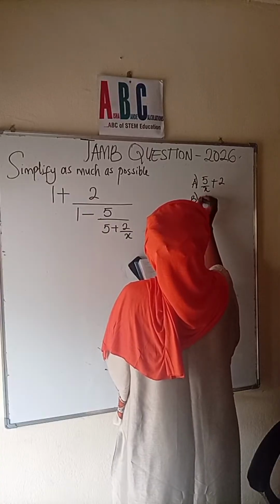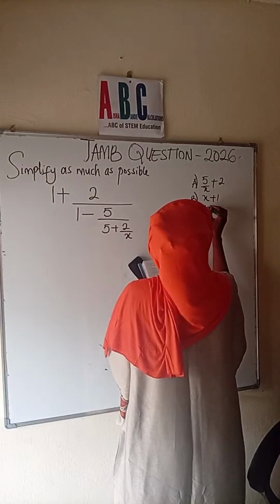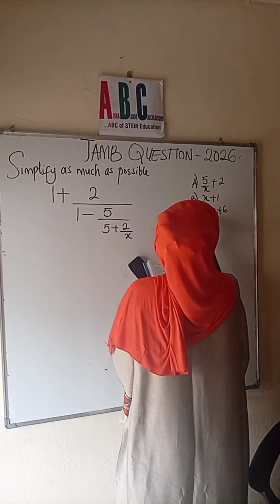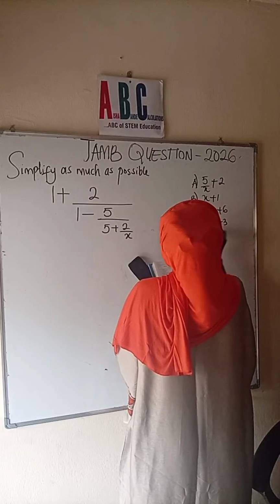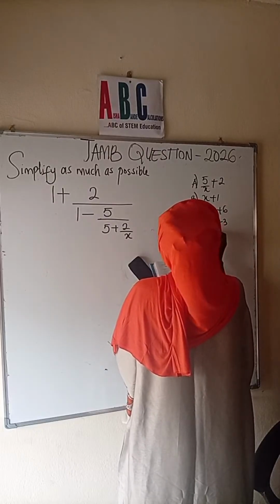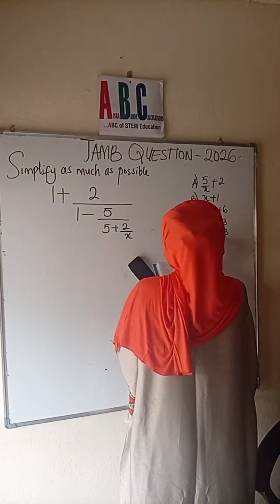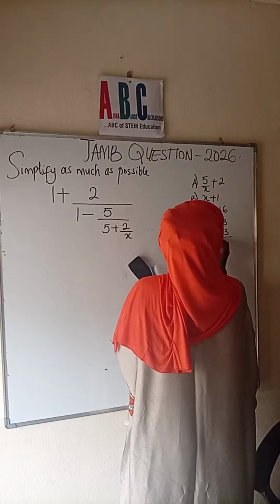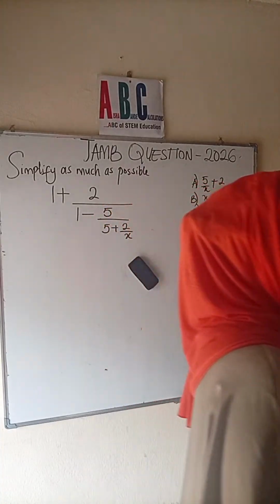Option B, x plus 1. Option C is 10x plus 6. Option D, 5x plus 3. Option E is 5x plus 3 over 5x plus 2. Alright guys, let's go.